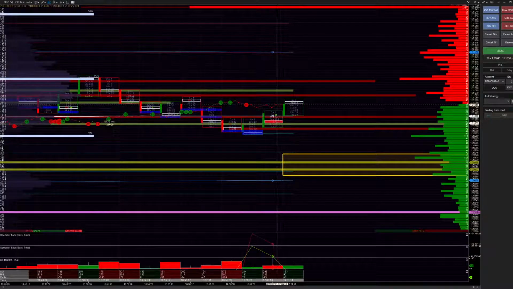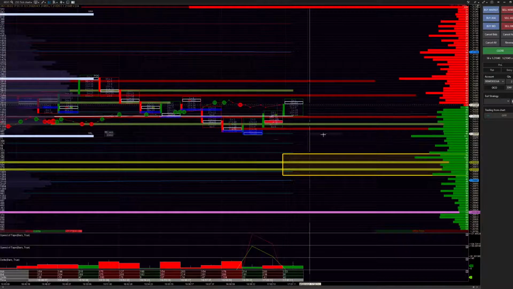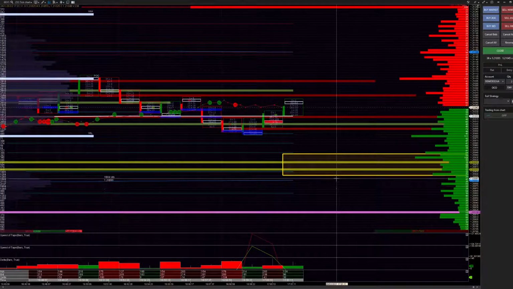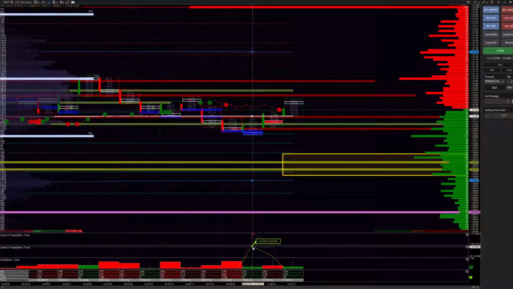It's 243. All right, that might refuel the downside movement. So we have to be very careful here.